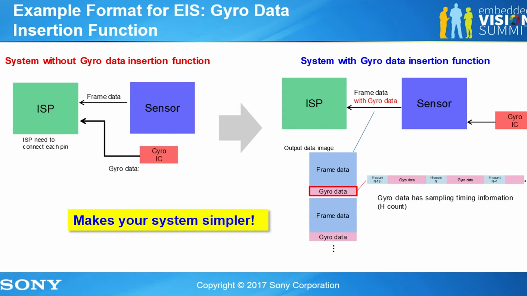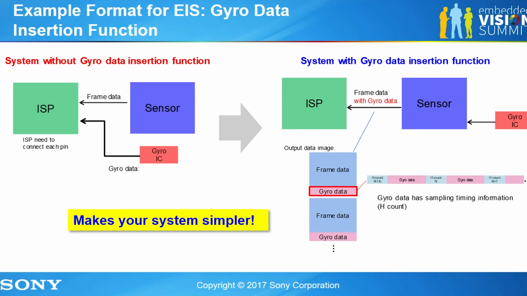The left-hand side shows a simple block diagram of your system, connecting the image processor, image sensor, and gyro. Then you can enable EIS, or image stabilization.